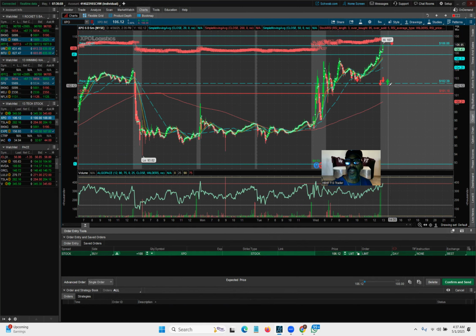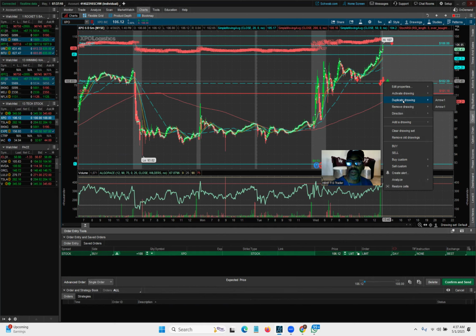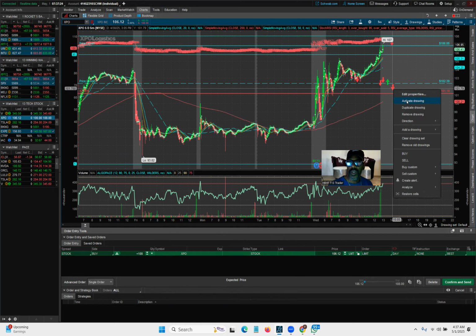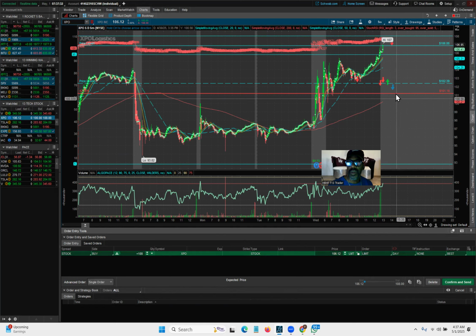Because 1, 2, 3, go. Three bars, go. Or we're looking at it to resist and see if it's going to hold support here and start, which is our 200.